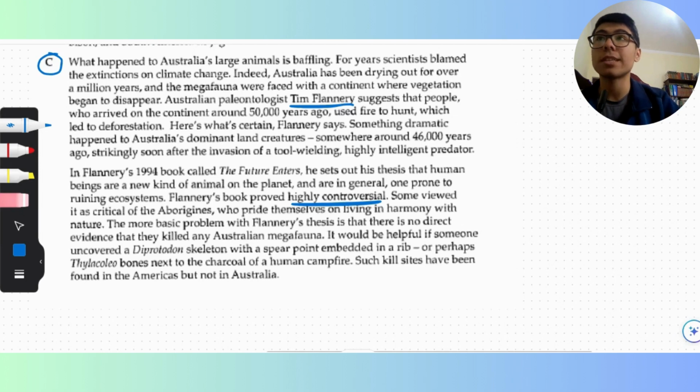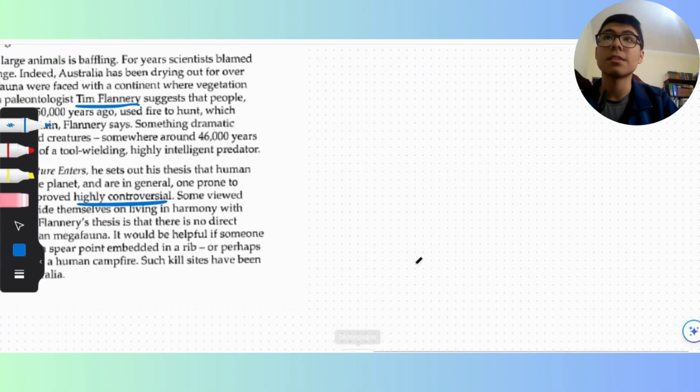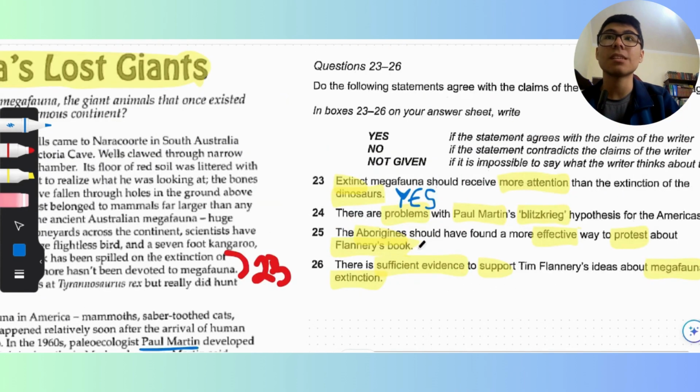But do we know that Aborigines wanted to find a way of rejecting his book? There's no information about that, right? Although there's a reference to Aborigines and their ideas being controversial, is there anything about whether the Aborigines should have found a more effective way to protest about Flannery's book?